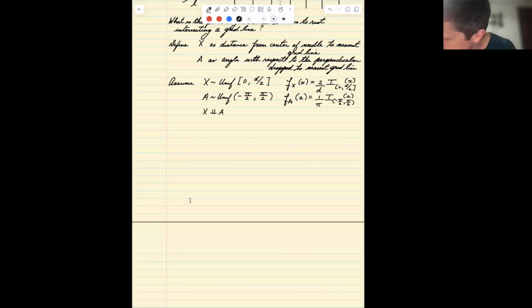So this tells us that the joint density of X and A is just the product by independence.